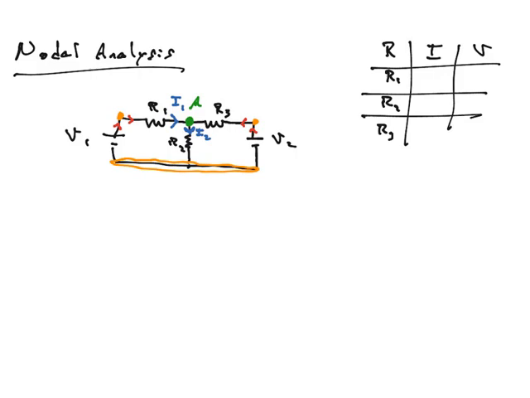And then maybe some current coming in from the right, and we'll call that I3. Now, whether they're coming in or coming out, I'm just guessing. And again, just like with the loop analysis, if you guess the wrong direction, you'll just get a negative answer somewhere. So don't worry about it. I'm going to guess these directions and just go with the flow and see what happens. All right.